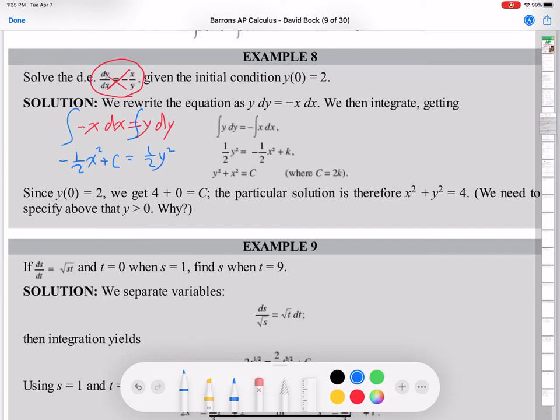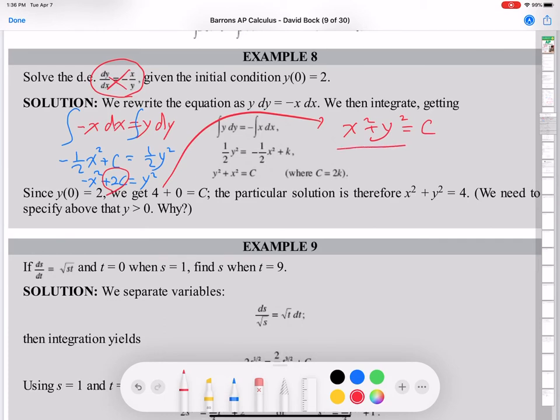And then multiply by negative 2 on both sides. So it is negative x squared plus 2c is y squared. So we can change that. x squared plus y squared is equal to another constant. You can use another c. Anyway, 2c is just a constant anyway. That's why you can use another c.